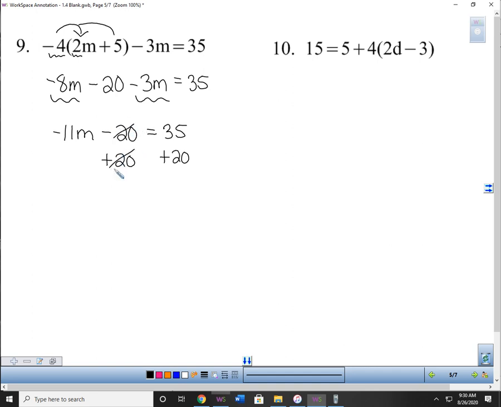All right, those cancel, and I have -11m equals 55. I'm going to undo the multiplying by dividing, keep the sign the same. So the -11's cancel, and m is equal to 55 divided by -11, which is -5.